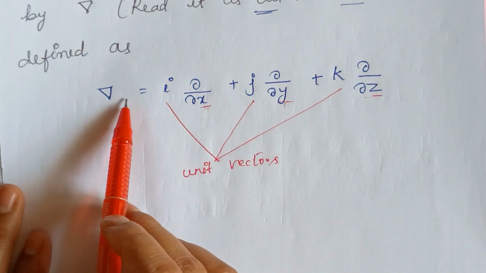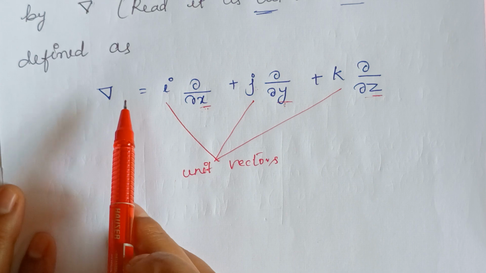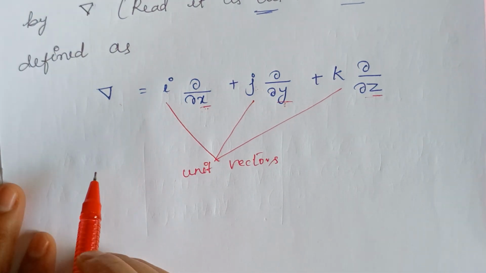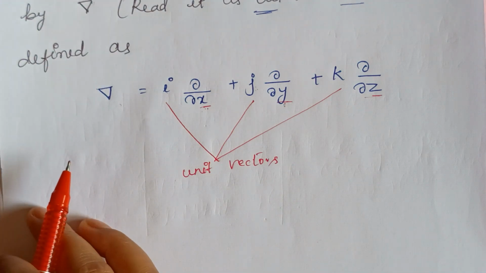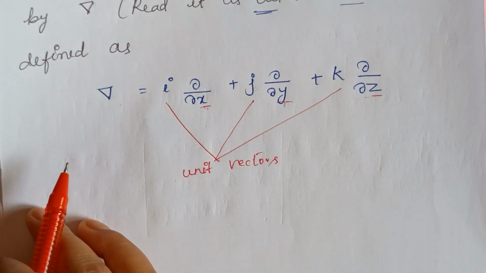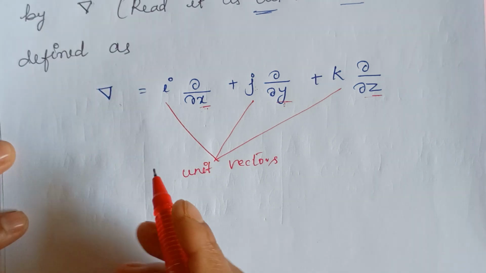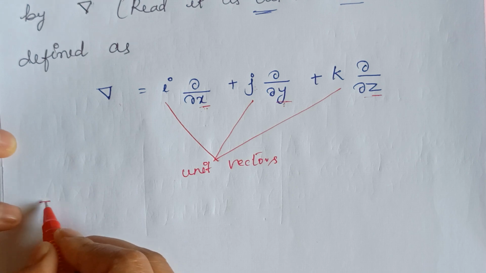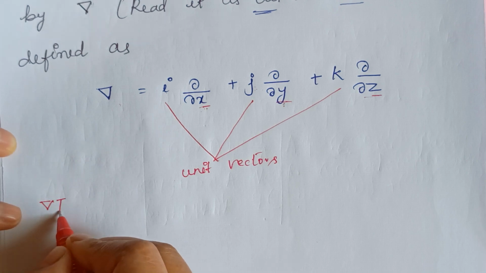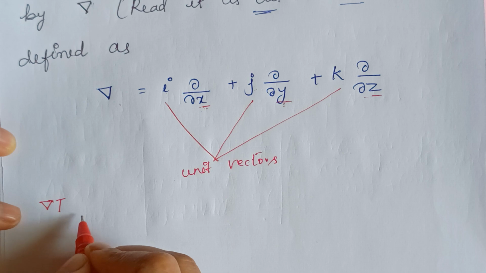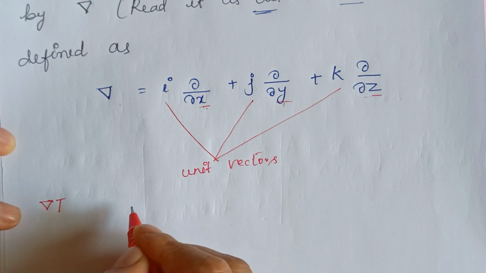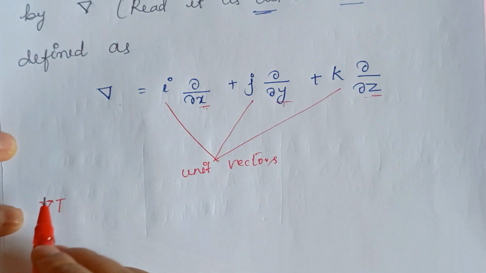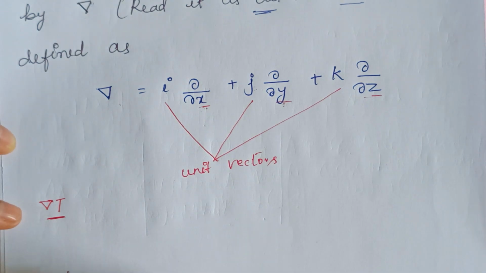This operator helps us to define important operations like gradient, divergence and curl. So let's see the gradient of a scalar field, for example, temperature. Let me consider del T. Del T gives me a vector that points in the direction of maximum rate of change of temperature.